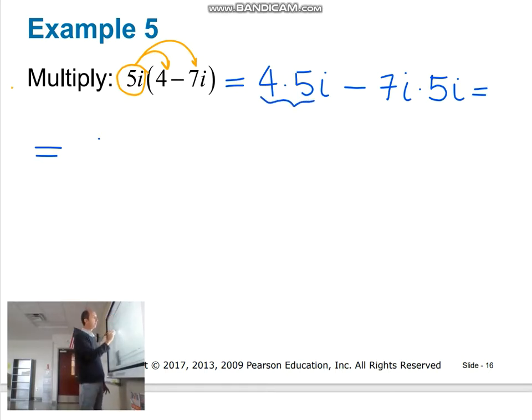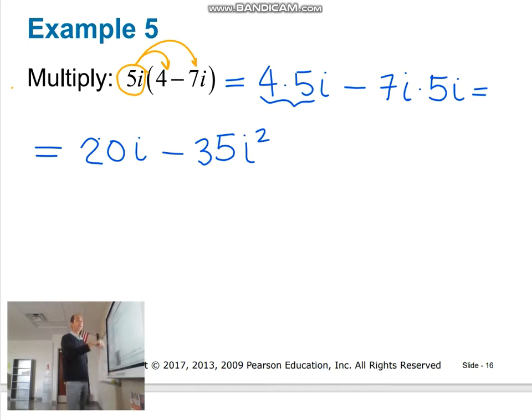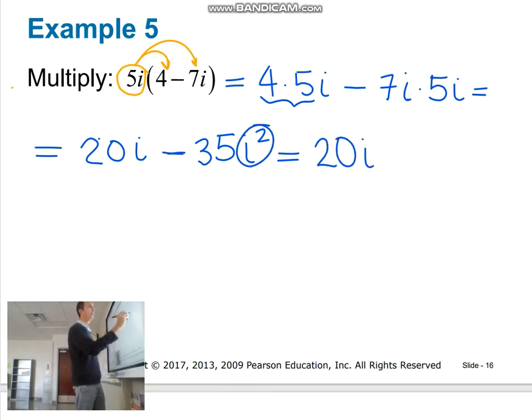4 times 5 is 20, 20i, minus 7 times 5, negative 35, and i times i squared. Again, i squared equals negative 1. That means this is 20i, negative with negative, positive, plus 35.